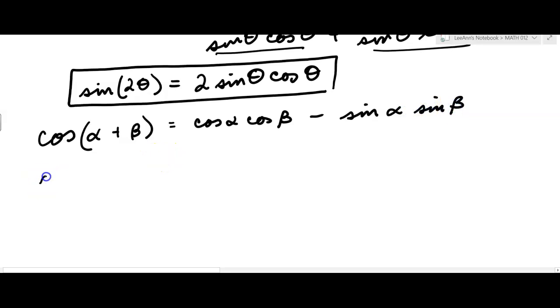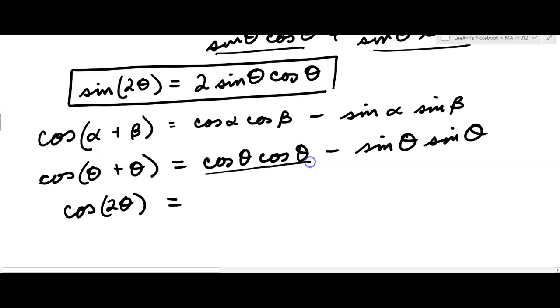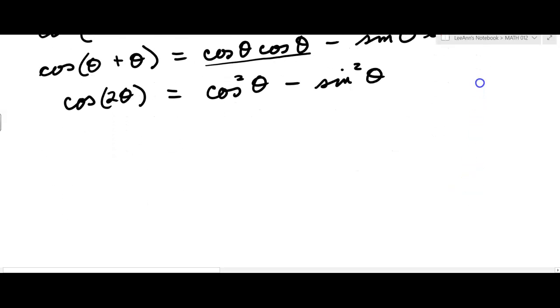So when we replace those angles with the same angle, theta plus theta, we're going to get cosine theta cosine theta minus sine theta sine theta. And so that's going to mean cosine of 2 theta is equal to cosine theta times cosine theta, that's cosine squared theta, minus sine squared theta. Okay? So remember that one. And we'll come back to that one in a minute.